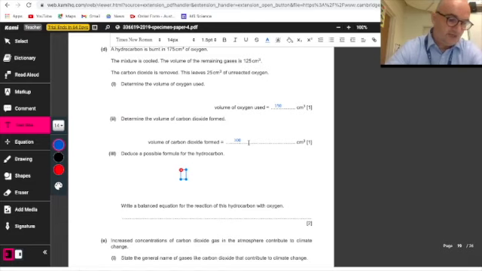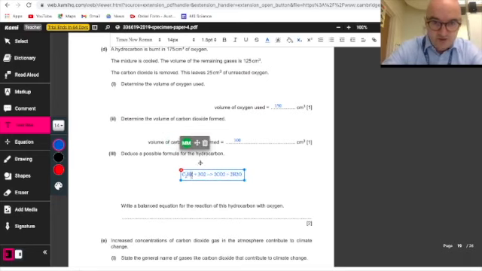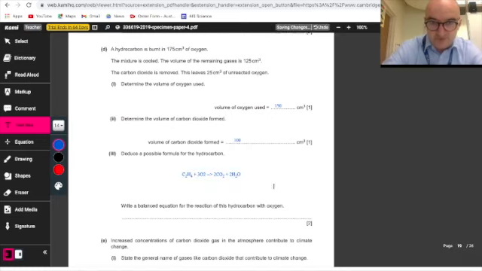If we have an alkene, let's use a simple one, let's use C2H4 plus our 3O2, and that's going to make our 2CO2 plus 2H2O. What can we see about the reacting ratio between the alkene and oxygen, and the moles of CO2 and H2O produced?